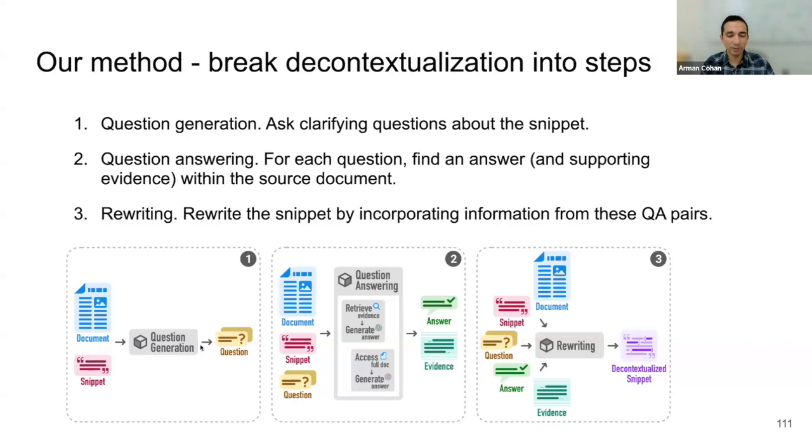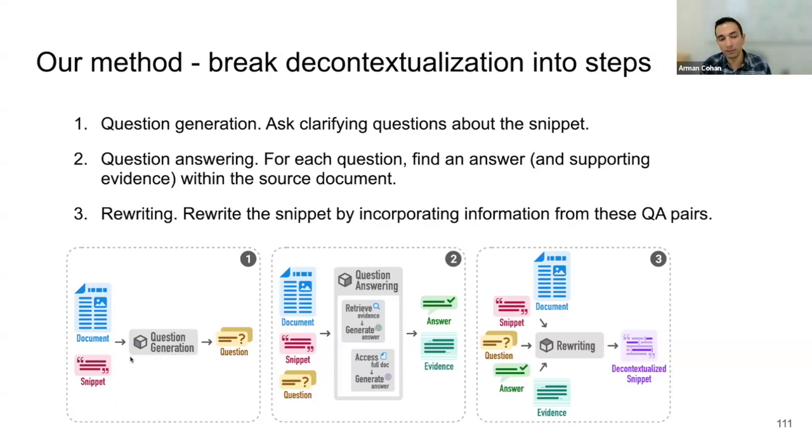And we found that a lot of times people would start formulating questions like, for example, if I have an entity name that I don't know about, then my first question is, what is this? Or how does this relate to what I'm talking about, or something like this. So we did the same thing.